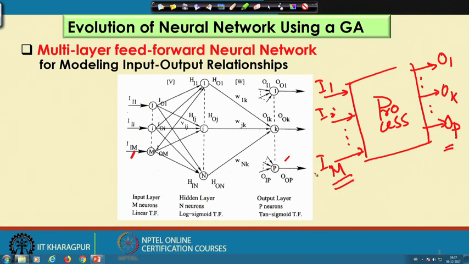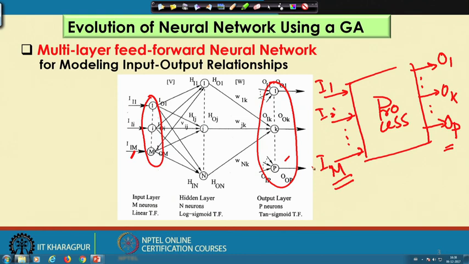Now, to represent that on this particular input layer, we use capital M number of neurons. So, it is having capital M number of neurons, and to represent the output on the output layer, we use capital P number of neurons. So, the number of neurons in the input layer and the output layer are kept fixed.